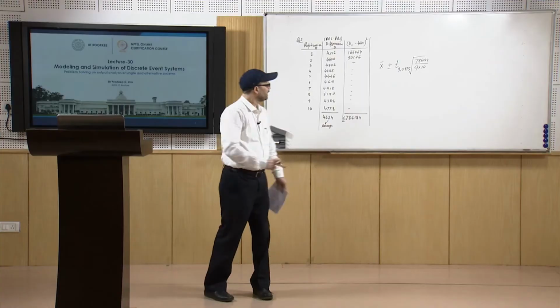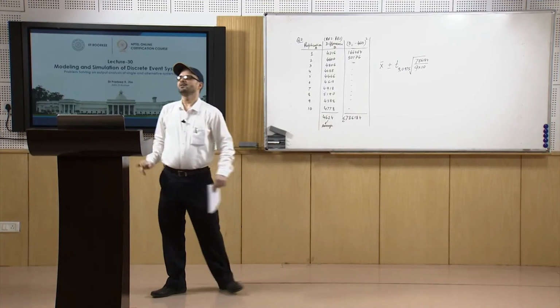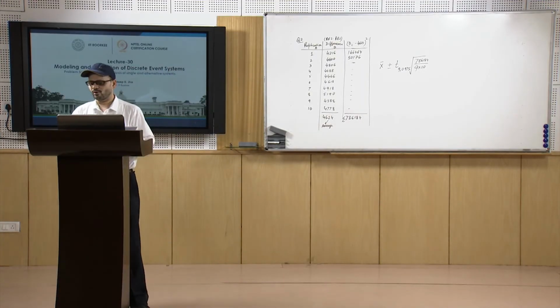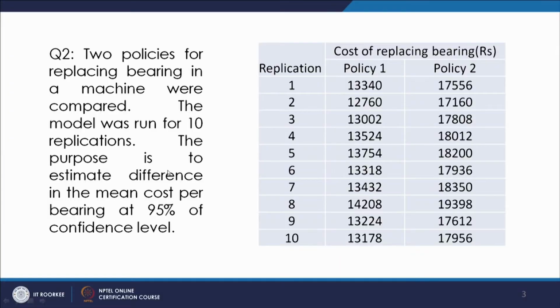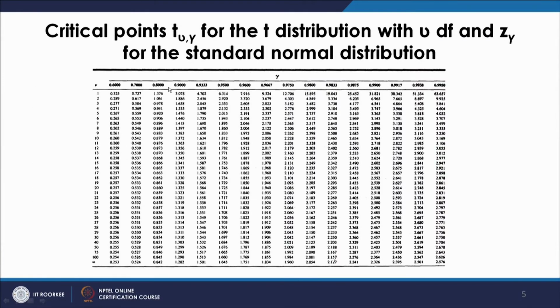This way you get that parameter. Now, we have to see the value of this t nu alpha. If you go against 9 and go to 0.975, it will be 2.262 here.